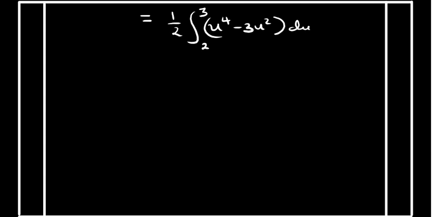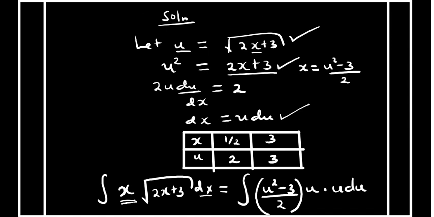This must clearly be captured even in our very first step here, where we're changing limits from a half to 3, then now to 2, then to 3. So you see, we are now clearly showing that we have moved away from x with its limits. We have gone to u, but with the new limits of u. That is what we mean by changing the limit.